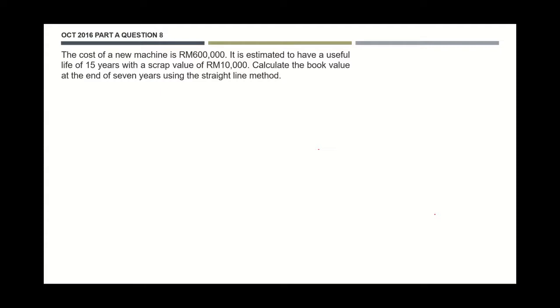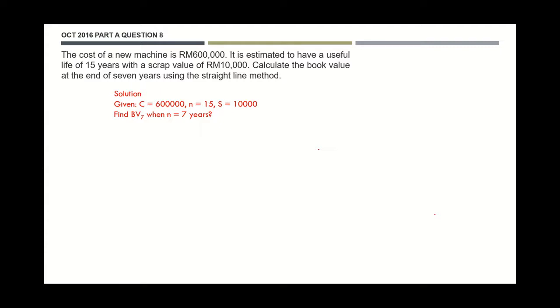We have the value of S, the value of C, and the value of N. So it is given that the cost is 600,000, the useful life N is equal to 15 years, and finally S, the scrap value, is equal to 10,000 ringgit. And the question asks you to find BV7, when N is equal to 7 years.